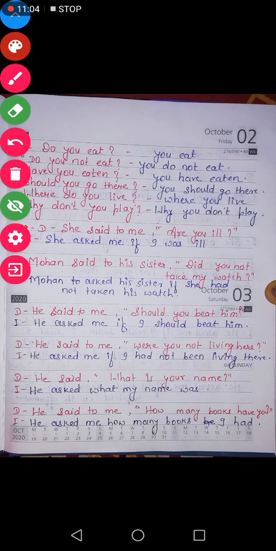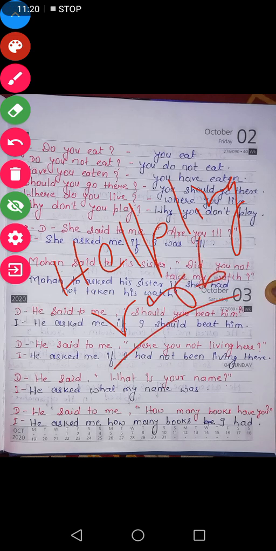Have you eaten? One thing, students, that you must keep in mind about interrogative sentences is that generally they begin with a helping verb, not most of the time, but generally. But when you have to make it assertive, you have to put your sentence into this form: subject, verb, object.